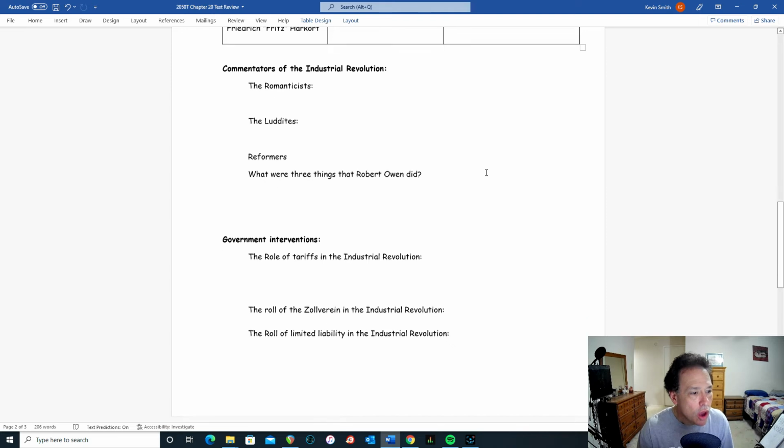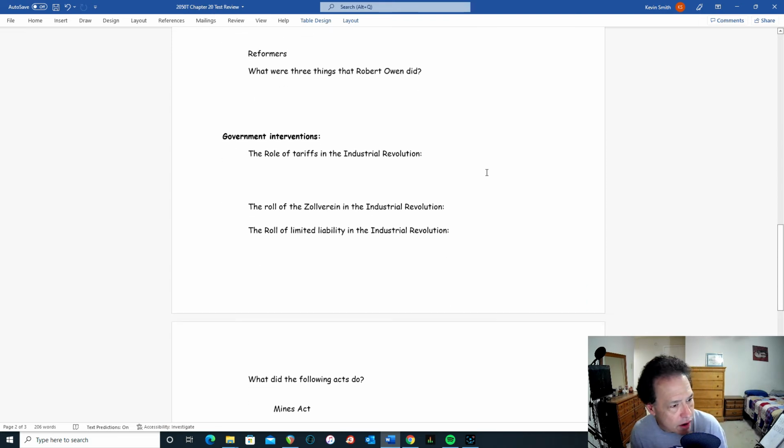Government interventions regarding the Industrial Revolution. What was the role of tariffs in the Industrial Revolution? Tariffs protect homegrown industries from foreign competition.